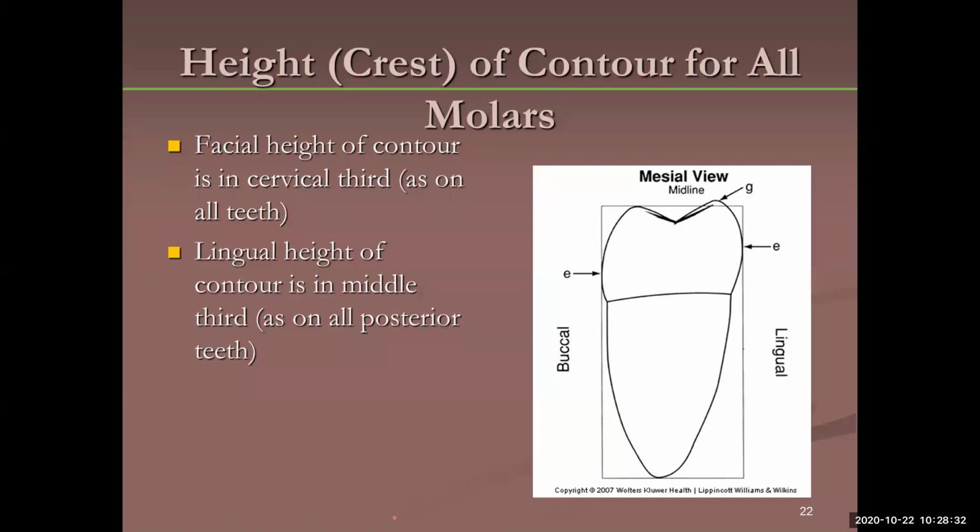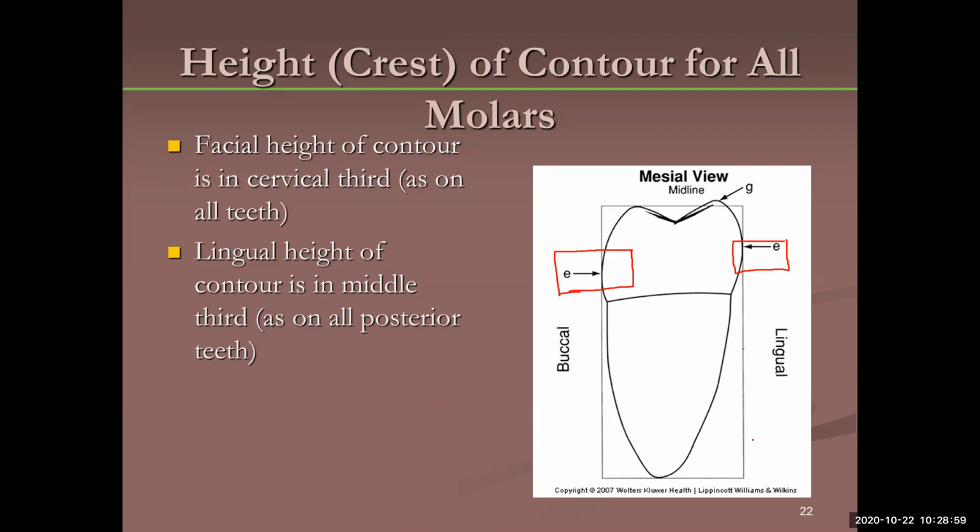The facial height of contour is in the cervical third, as it is in all teeth, the fattest part. The lingual height of contour is in the middle third, as it is in all posterior teeth.